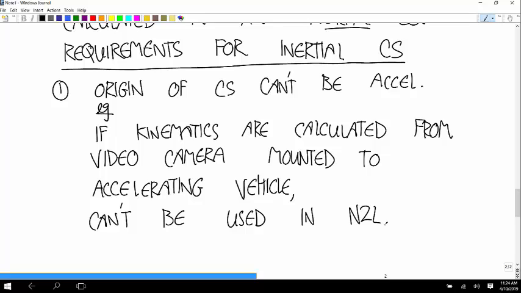We've done an example where we saw that with a camera that was mounted to an elevator that had a downward acceleration. We did a few of these elevator type problems.